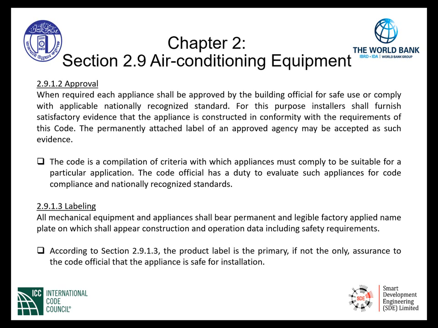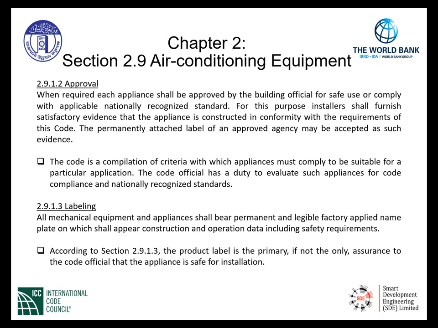Now, section 2.9.1.3 is the labeling section, and it states that all mechanical equipment and appliances shall bear permanent and legible factory applied nameplate on which shall appear construction and operation data, including safety requirements.